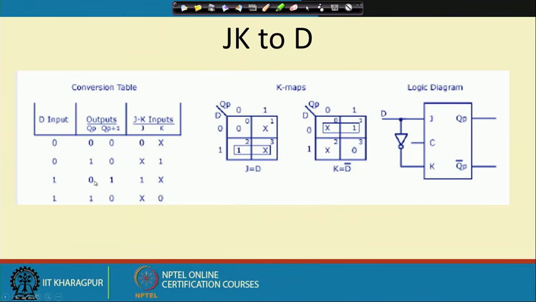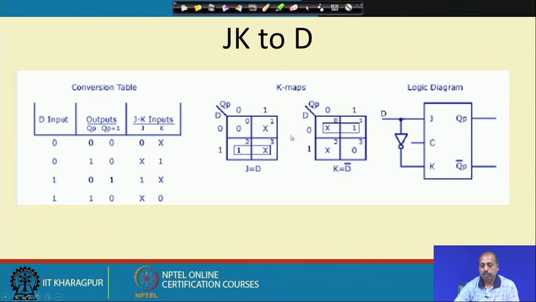If the previous value of Qp was 0 and the next value is 1, we set J equal to 1 so that it makes a transition from 0 to 1. And from 1 to 1, again J is 0 and K is don't care. Sorry, here the D input is 0 and the previous value of Qp is also 1, so I have to make it this way.